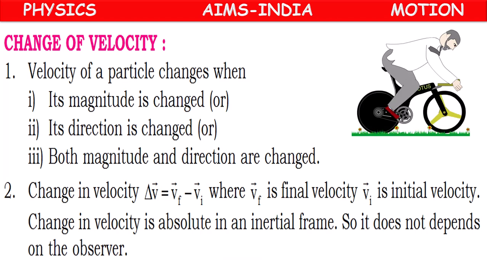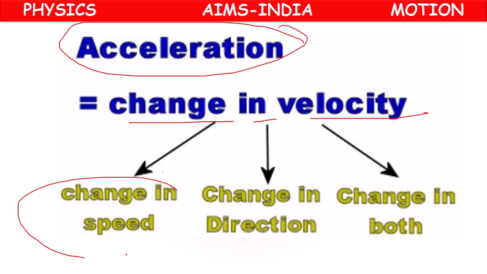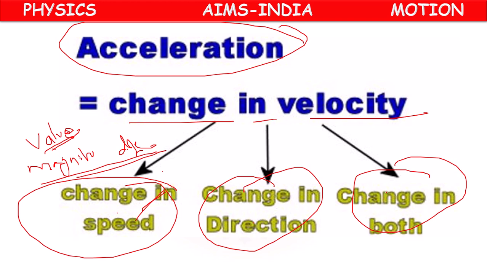So this change in velocity is called acceleration. It may be because of change in speed, means change in magnitude or value, or because of change in direction, or because of change in both.